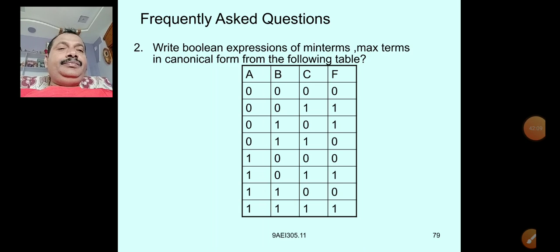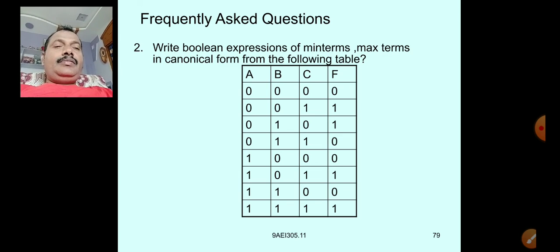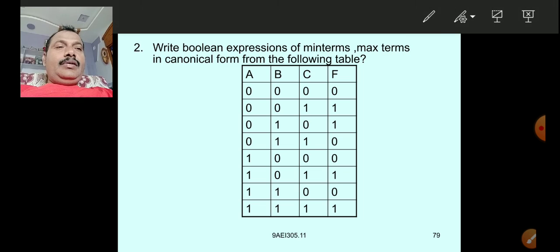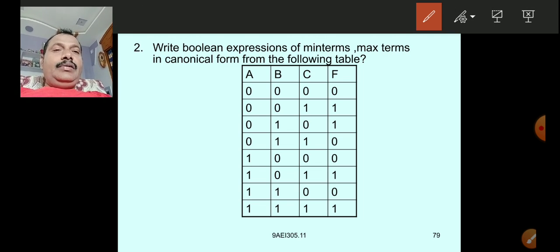Write the Boolean expressions, SOP and POS forms, canonical standard forms for the given truth table. Can you write? Let us write a SOP for this. SOPs are written for output ones. So what is the first term?